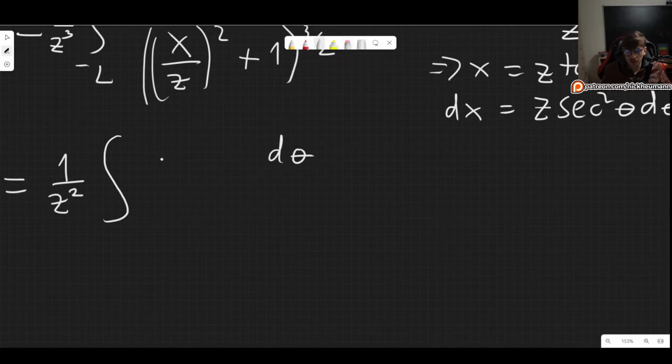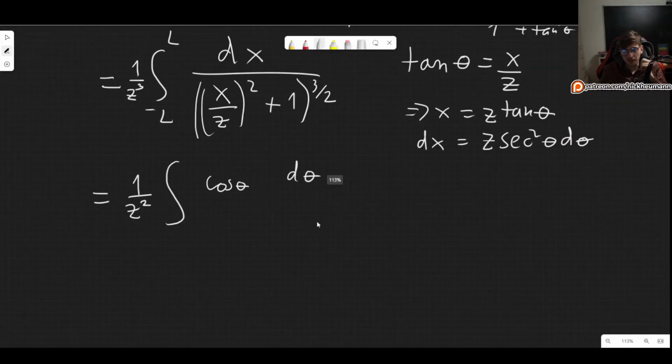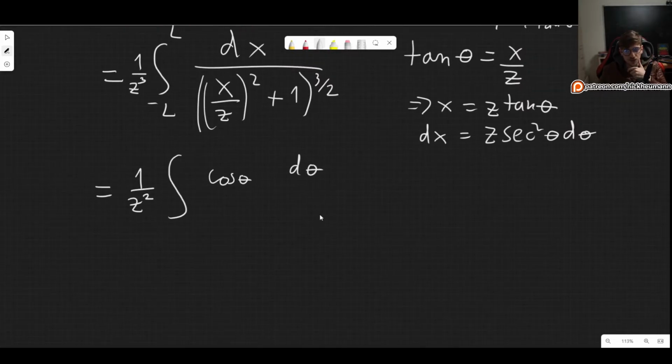So we end up, after all of this, with cosine theta d theta. And see how our integral has simplified because of the substitution that we used. Sometimes you will get cosine squared if this power had been different, or even cosine cubed, as I've encountered. But then you have to use other trigonometric identities, and the integral will be a little bit harder.